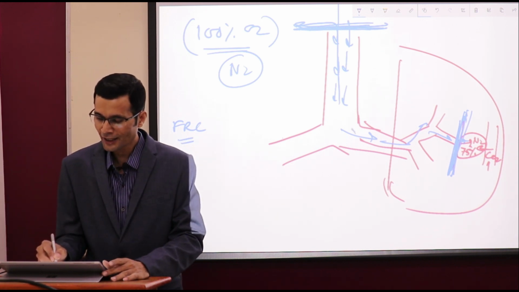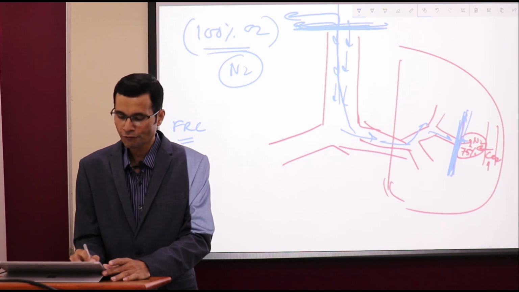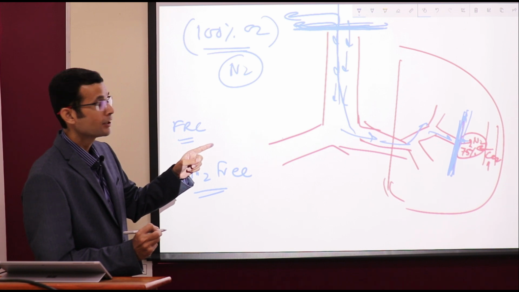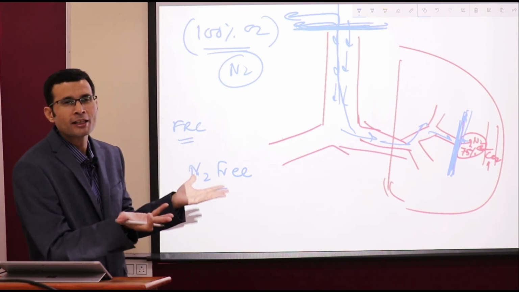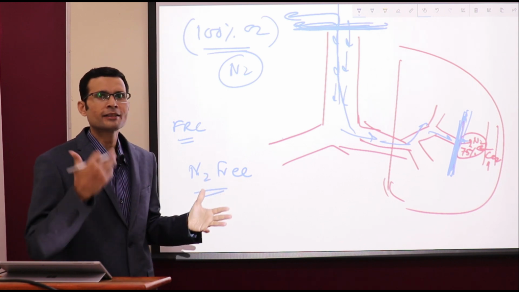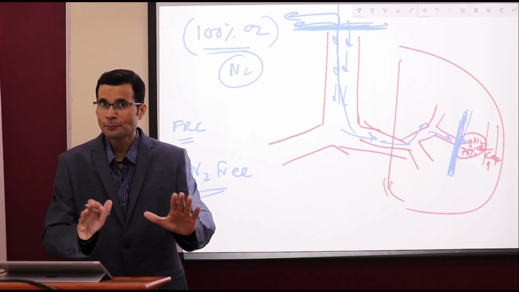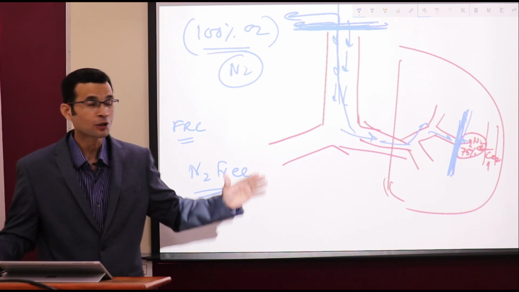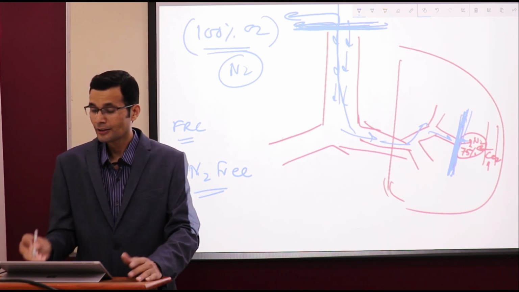So the first air that starts coming out will be virtually nitrogen free, because we have given 100% oxygen. Of the 500 ml or whatever volume of air he has inspired, the last part stayed in the respiratory passage, and then the exhalation starts.